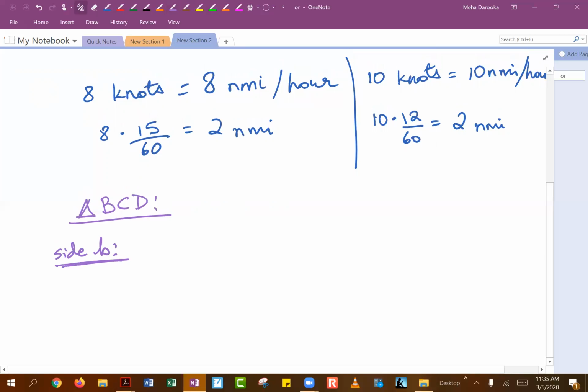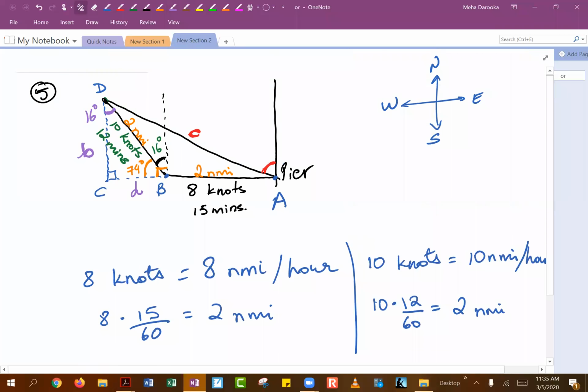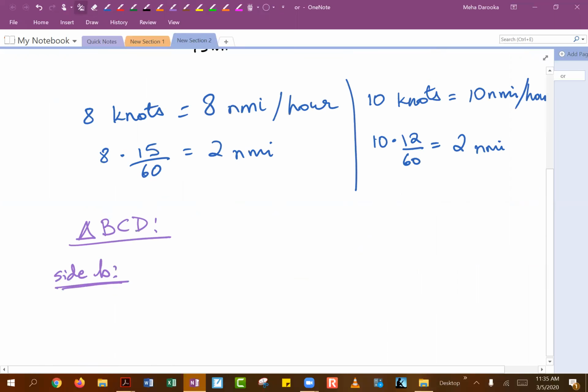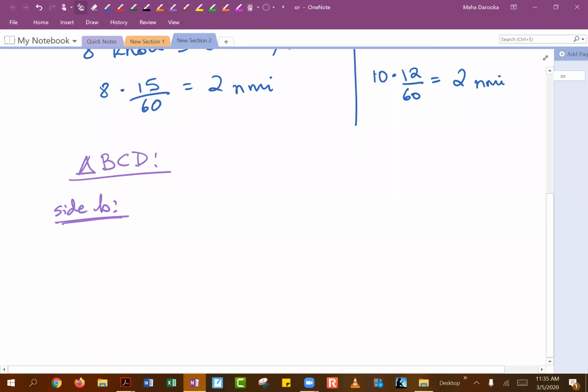So if we're trying to find side B, which function would you use? If we're talking side B, which is the opposite side from angle 74, right? So that would be sine. If you're finding side D, then cosine, right? Okay, so go through that and let me see what numbers you're coming up with.